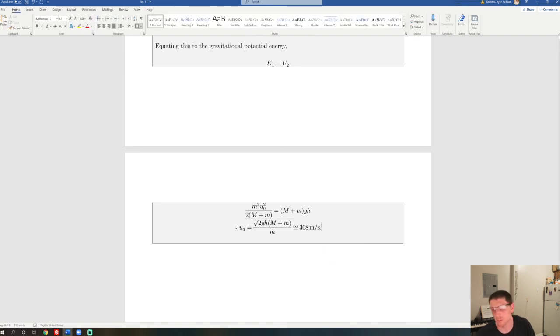I know we're not all Americans, but some of us are. Well, maybe we are all Americans, I don't know. But it's this 308 meters per second, and that seems pretty reasonable. Let me stop rambling here.